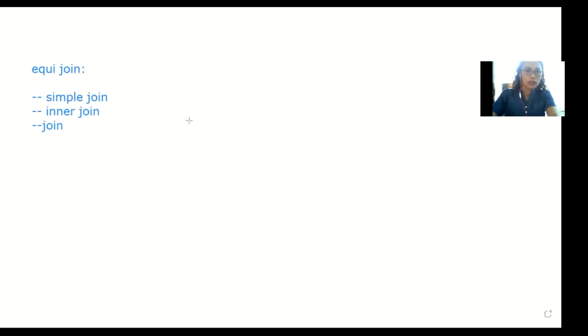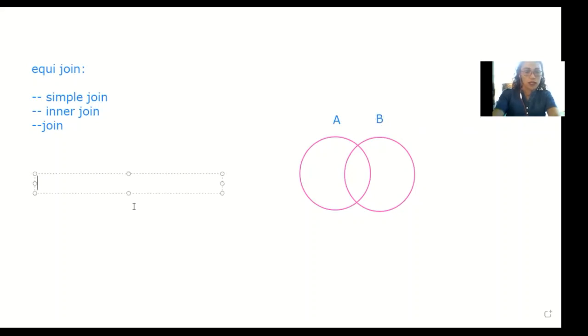So to illustrate that example, we have two relations here, relation A and relation B. I have here relation A, and I have here relation B. So when you perform an SQL join, you have this query, or what we call the equation.